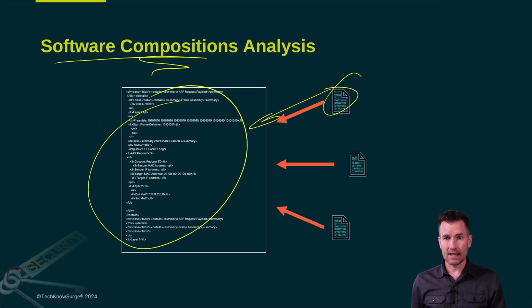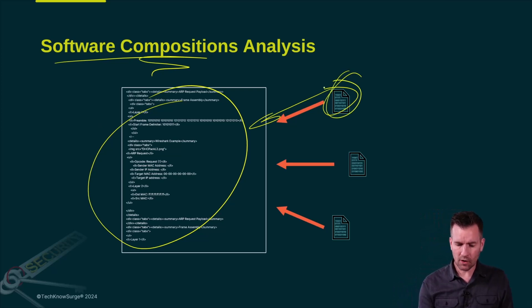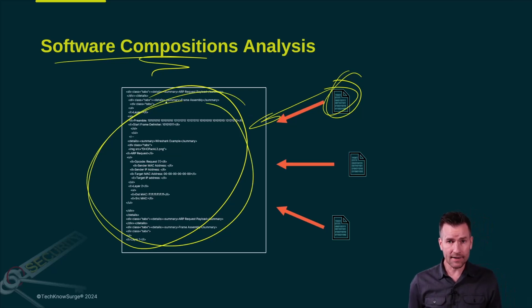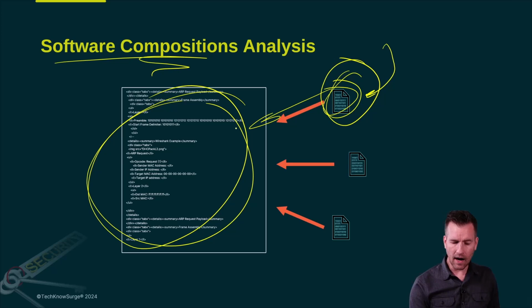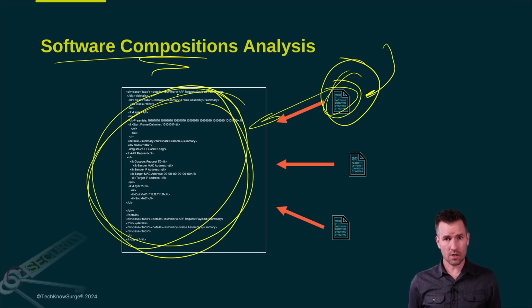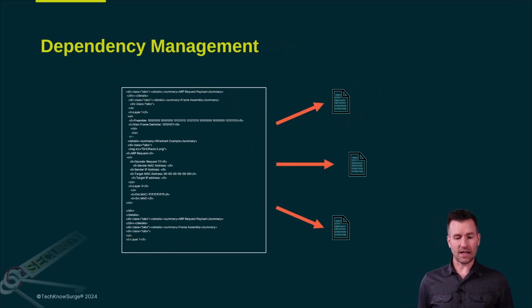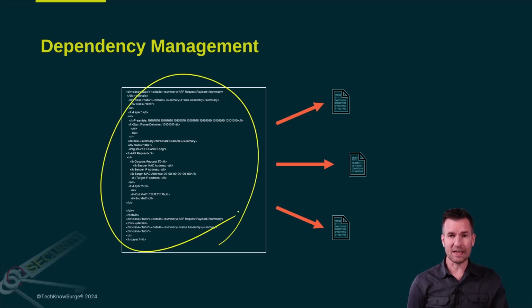Number one is that this code might be a bit of an unknown. We're incorporating that into our code, and what is it going to do? How is it going to respond? The other thing is updates could happen to this later on in the future, and are we updating our own code? There is the reverse of this also. Our code that we're developing may call on other sources.